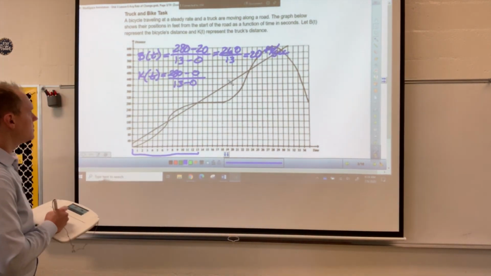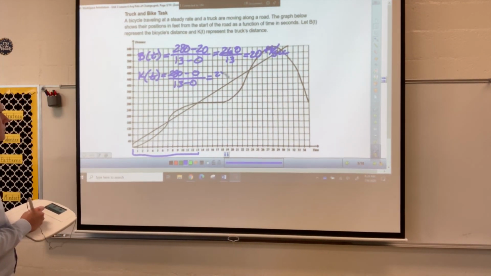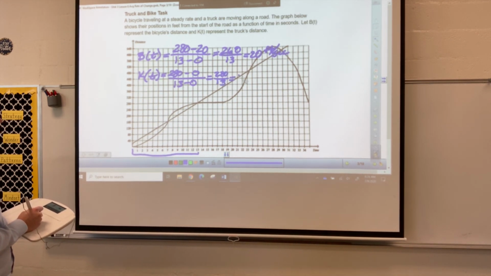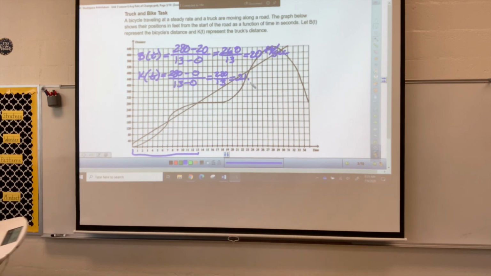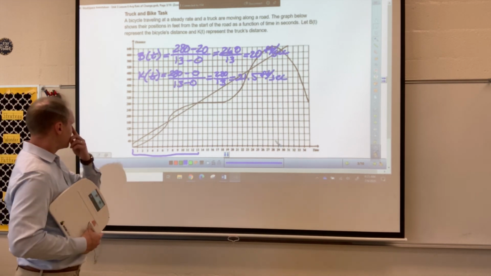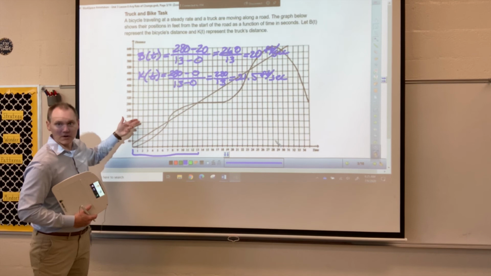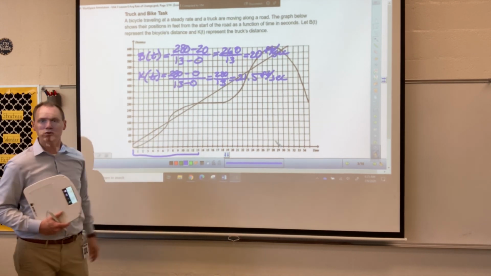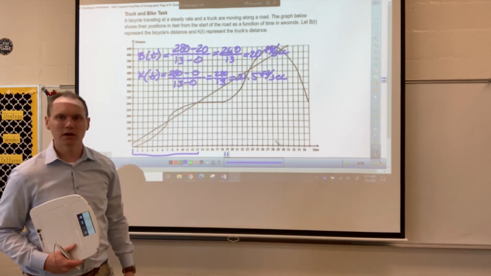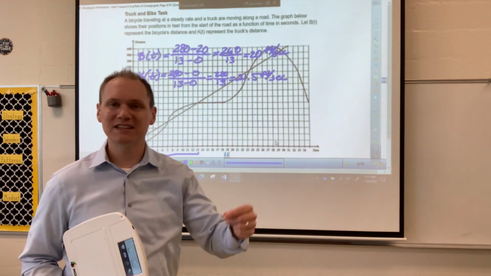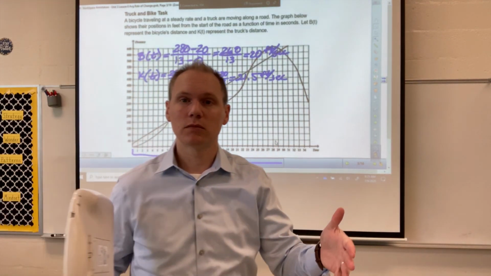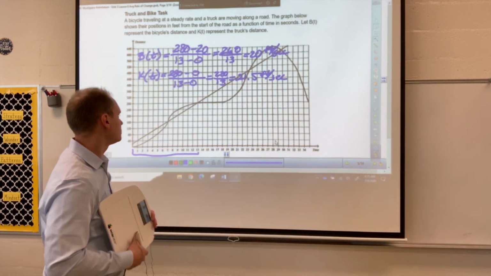So you can see here, it's going to be 280 divided by 13, which is about 21.5 feet per second. So as we said a minute ago, the truck has a greater average rate of change over that interval because it traveled more distance over the same amount of time.